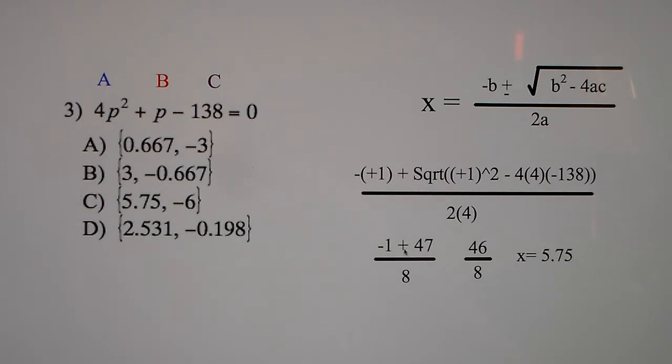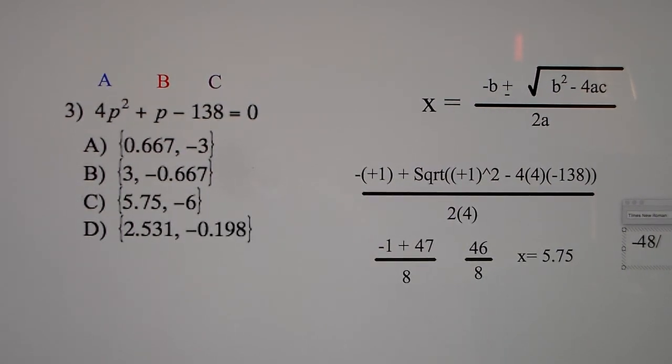Then we got to do negative 1 minus 47. Negative 1 minus 47 gets you negative 48.